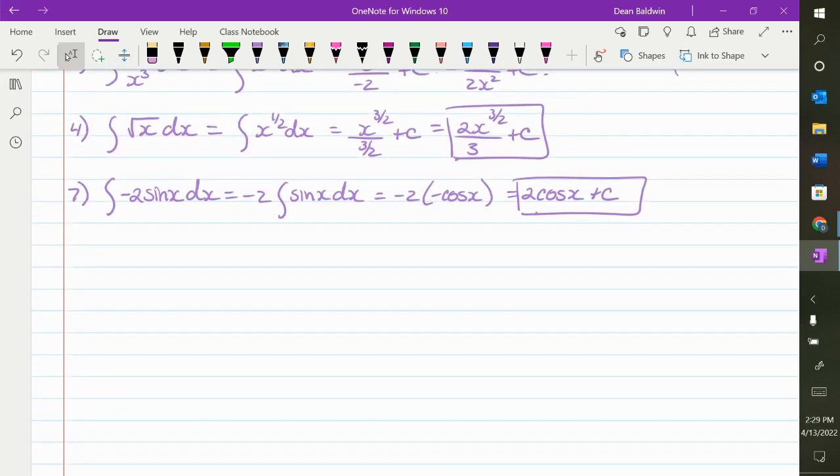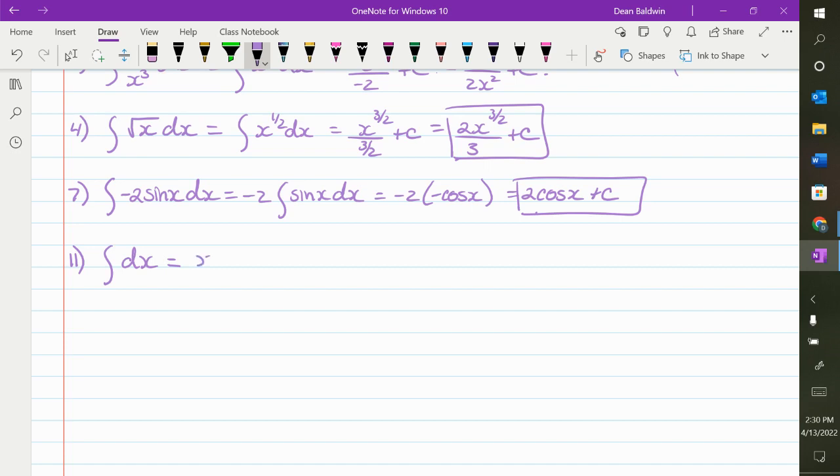All right. What am I doing right now? 11. That's right. The integral of dx.